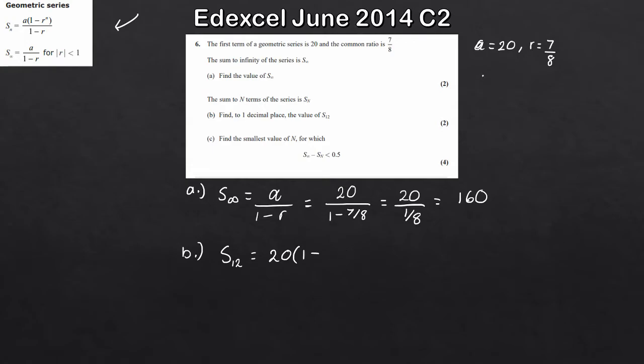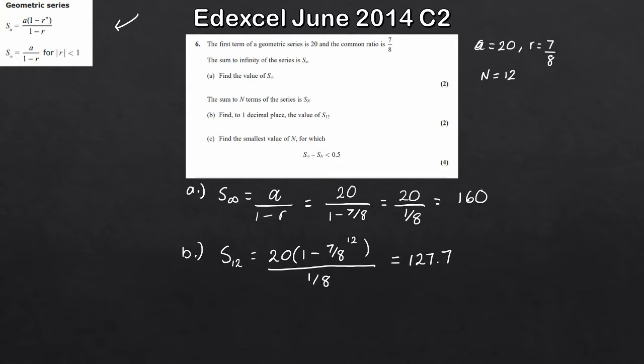So we'll just write that at the top: n is 12. So this is actually 7 over 8 to the power of 12, and we divide this all by 1 minus r, so 1 over 8 again. Now at this stage, just plug it into your calculator and see what you end up with. If you do that correctly, what you should get here is 127.7 to 1 decimal place.